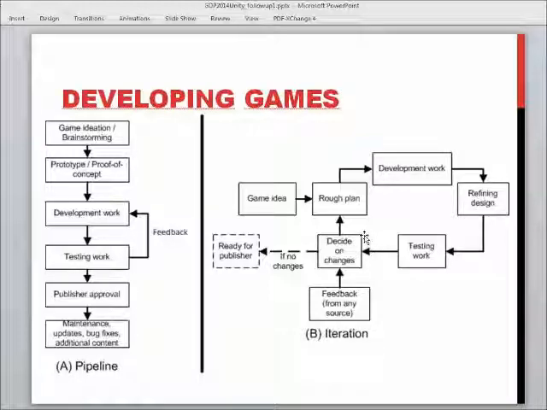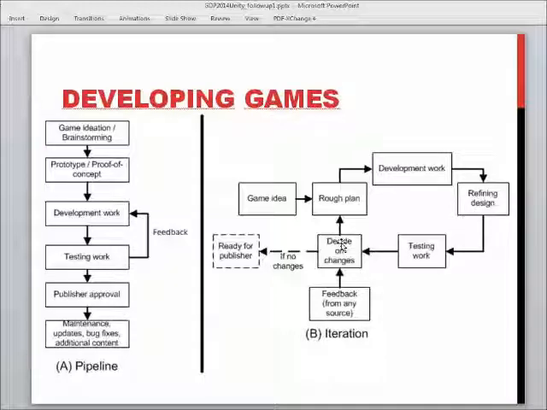And based on that feedback, they make the decision if they want to go again into the development. Or if they were unable to sell their game, then they go back into the rough plan, do development work, refining design, testing work, and go back here. So basically, they go to this stage and collect more feedback and go through the rough plan, development, definition, and testing as many times as it takes.